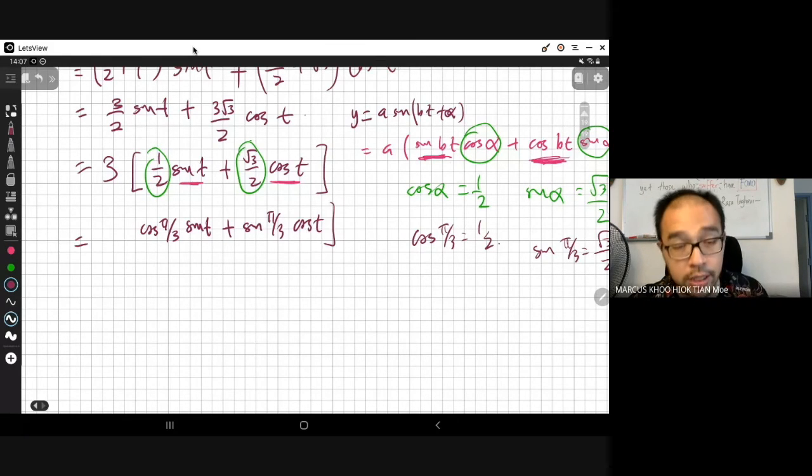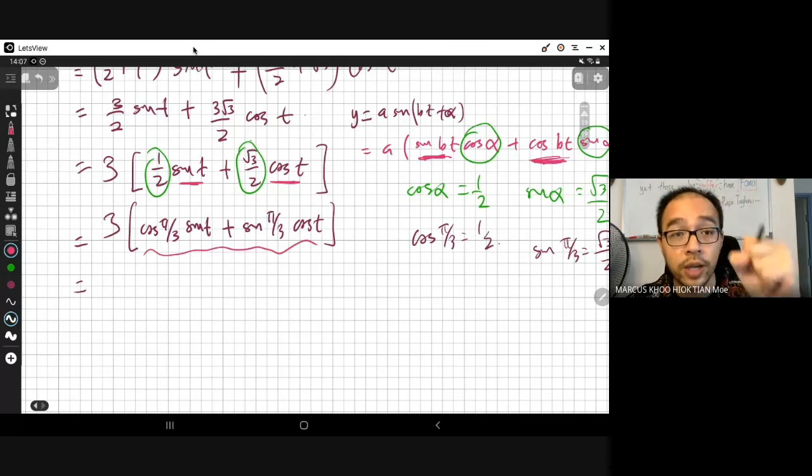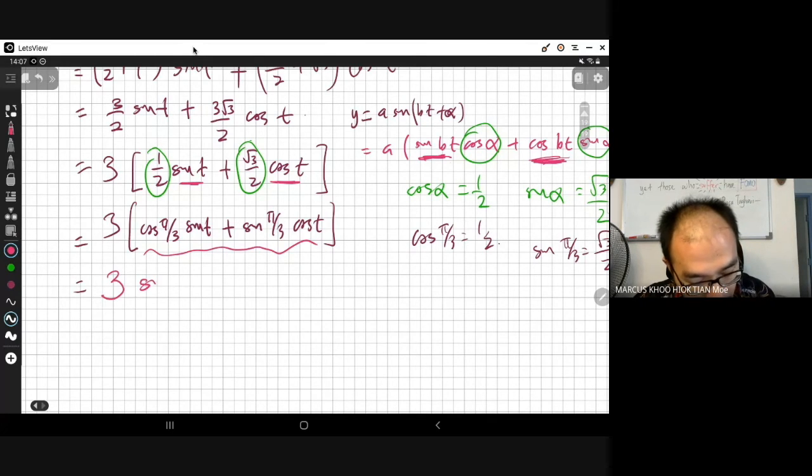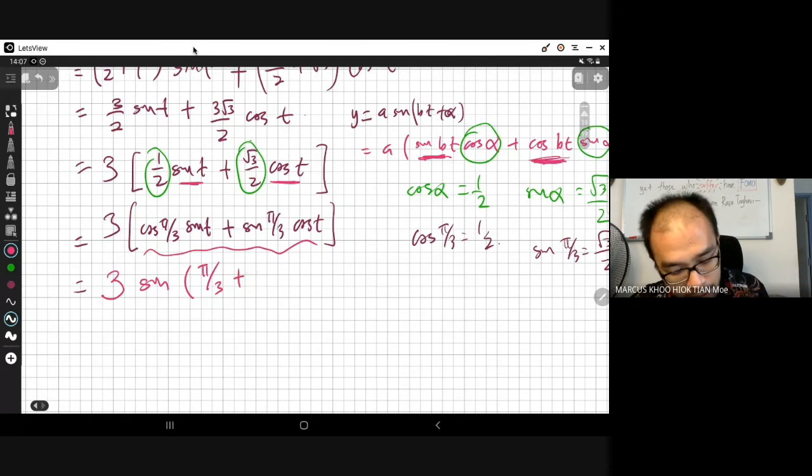The number in front here is 3. So I can combine this together using the addition formula in reverse. You will get 3 sin(pi over 3 plus t), same thing, it doesn't really matter.